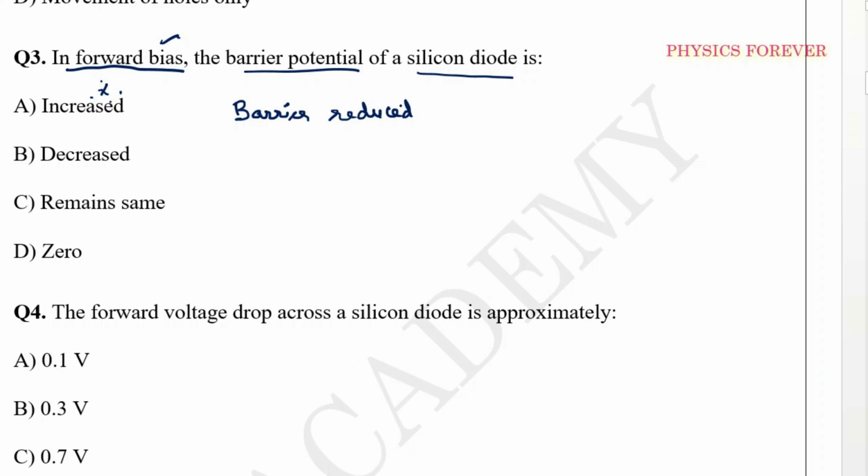So if you listened to the first question, you can answer this one. The option will be reduced or decreased. Sometimes they may ask about the depletion region or depletion width, so it can be asked in any way. In forward bias the potential barrier decreases. If it increases, then it is reverse bias. Okay, good.